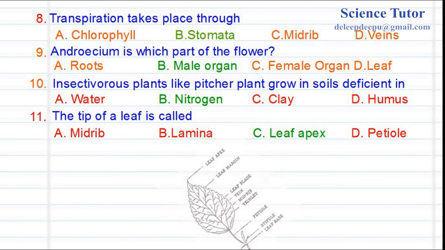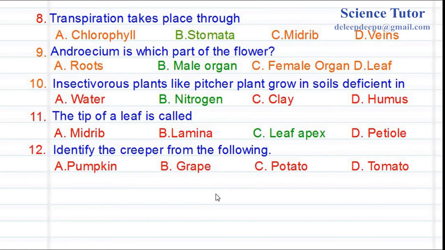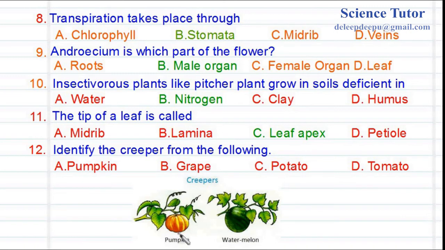We can move to our 12th question. Identify the creeper from the following: pumpkin, grape, potato, or tomato. Plants that grow along the ground like pumpkin and watermelon are creepers. The option A is the correct choice.